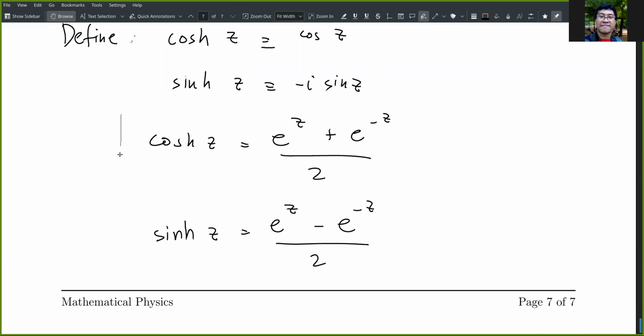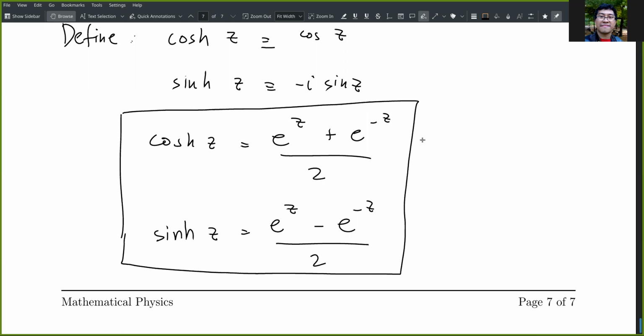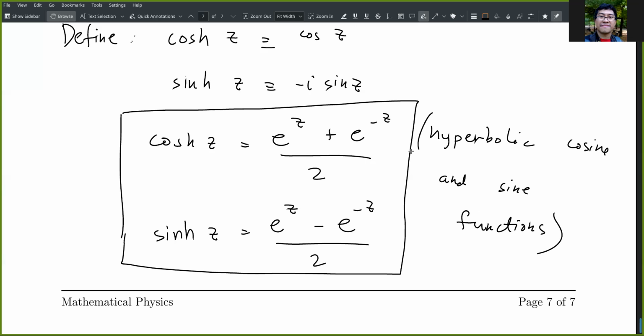These two are what we call the hyperbolic sine and cosine functions, or hyperbolic cosine and sine functions. So you can read it as cosh or sinh, but technically you can just say hyperbolic cosine for cosh and hyperbolic sine for sinh.